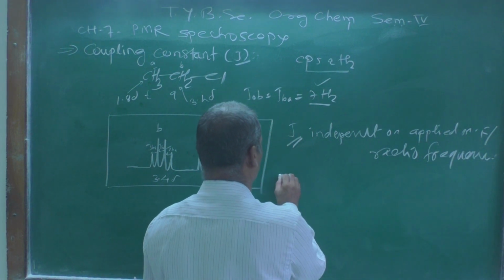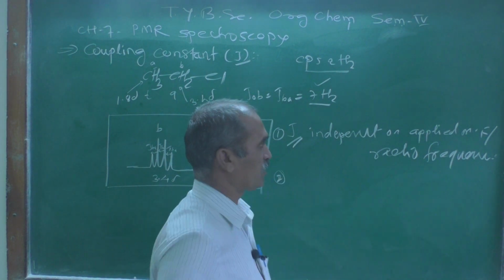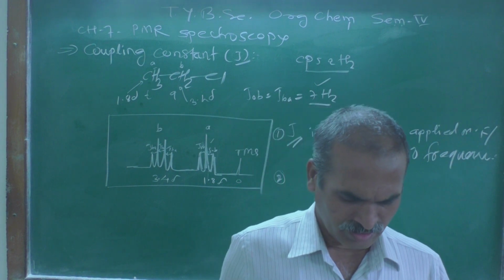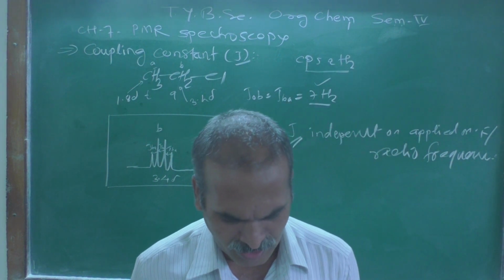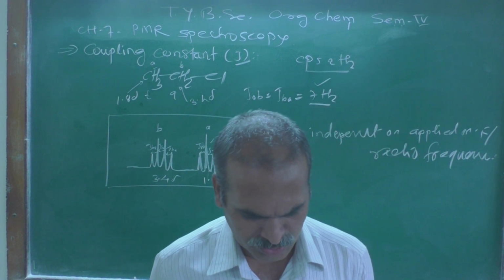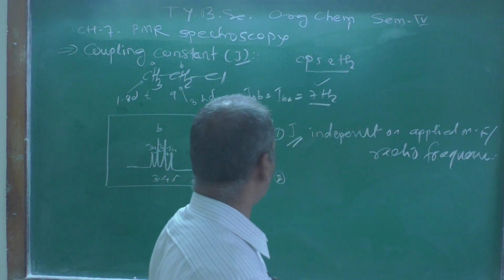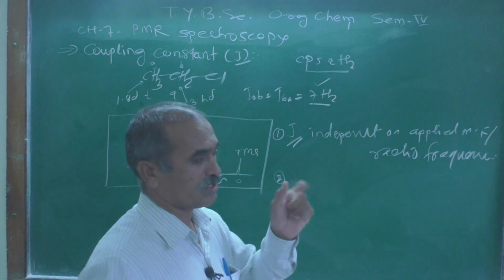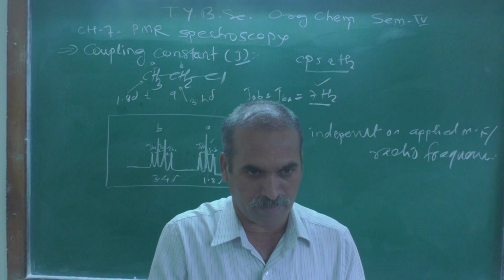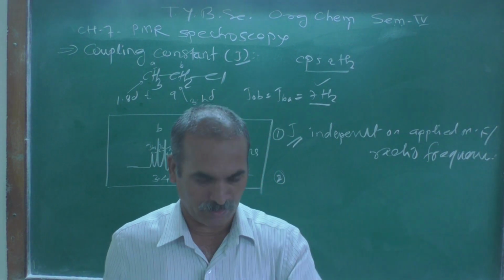This is the first important point, and the second important point regarding the coupling constant is that the J value depends upon the effectiveness of coupling and the relative stereochemical arrangement of the coupled protons.